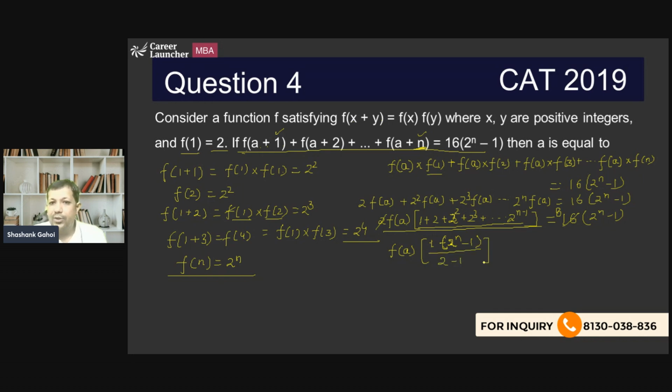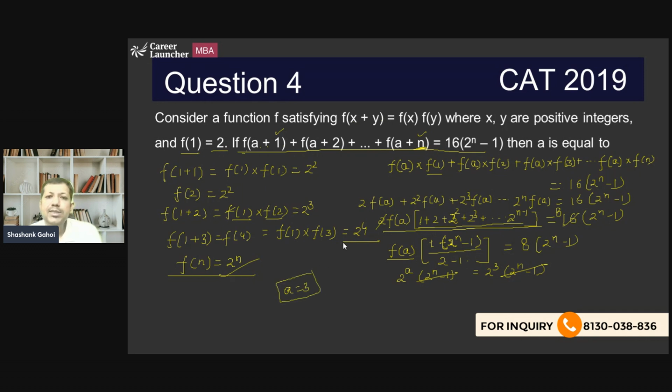So r is what? 2. The common ratio is 2, and that is equal to 2 power n minus 1. Okay, so fa, I am going to write it as 2 power a. We have already figured this out. 2 minus 1 is 1, so it is 2 power n minus 1, and that is equal to 2 power 3 into 2 power n minus 1, cancel out. So 2 power a equal to 2 power 3, so a comes out to be 3.